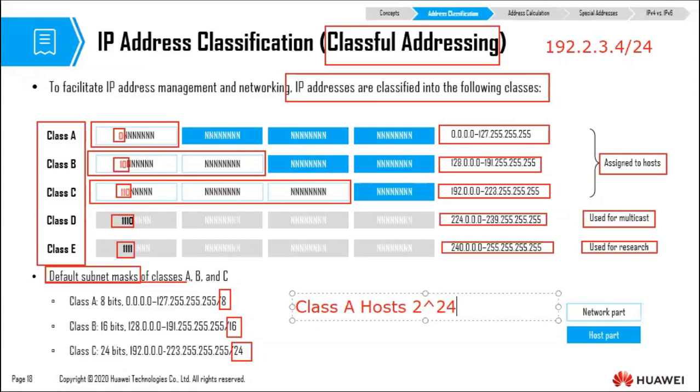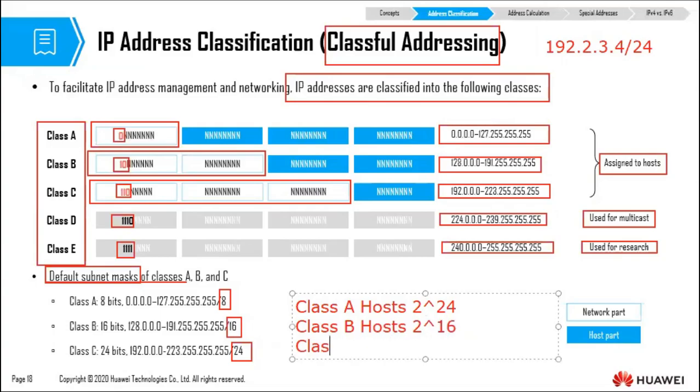Oh, we are talking about host bits. 8 is network bits, then the remaining is host bits. So they are 24. Are we together? Class B, two raised to power 16.